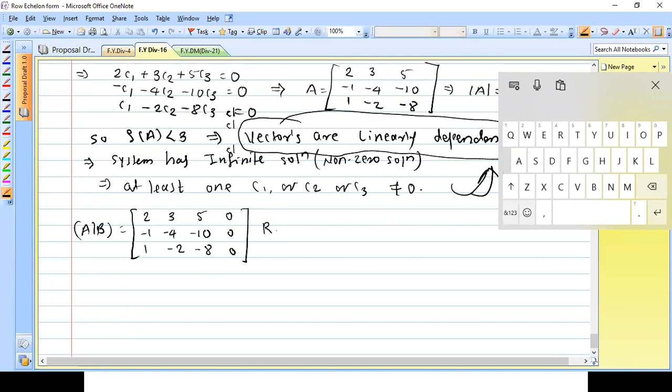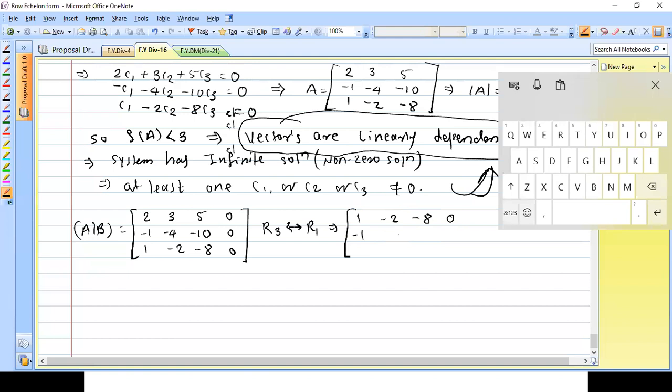I interchange R1 and R2 first, which makes it a little easier. Your 2R1 operation is also correct, no problem: multiply R2 by 2, then add or subtract. That is also the case, but I like this one, so I use it. You can use whichever operation you say, that's correct.